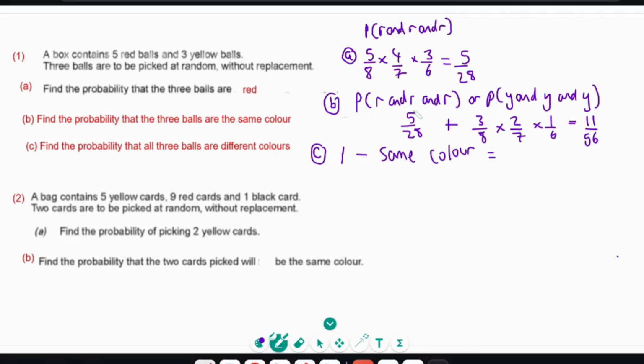Now we've done same colour for part B. So it'll be 1 minus 11 over 56. 45 over 56.